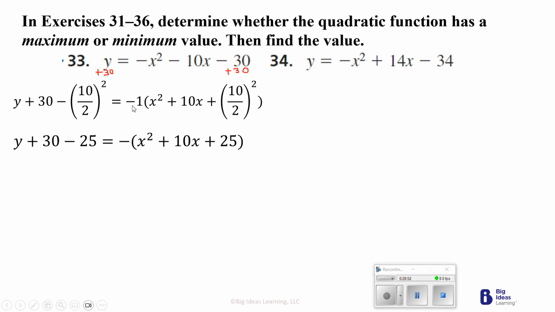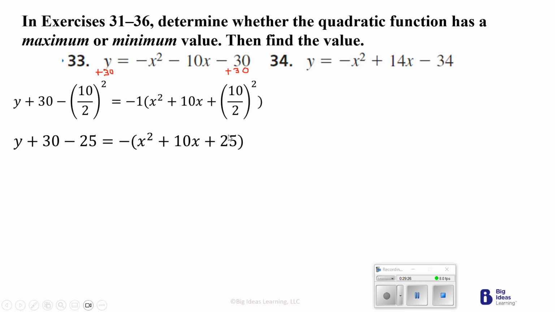And now you see they factored out the -1. That negative sign, they got rid of it. And next, they are taking that 25, right? y plus 30 equals 25, and that's going to be equal to, since they factored out that -1, negative x squared plus 10x equals 25.